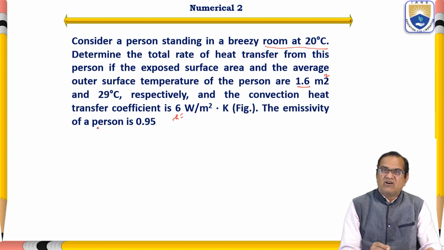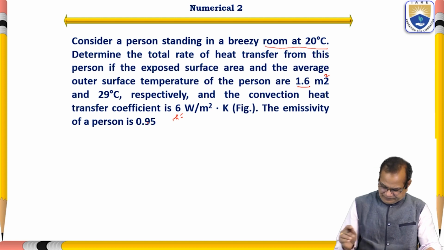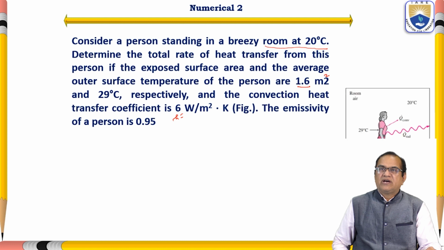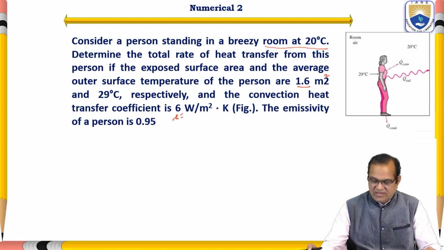The emissivity of the person is 0.95. So now we have to find it out the same way.